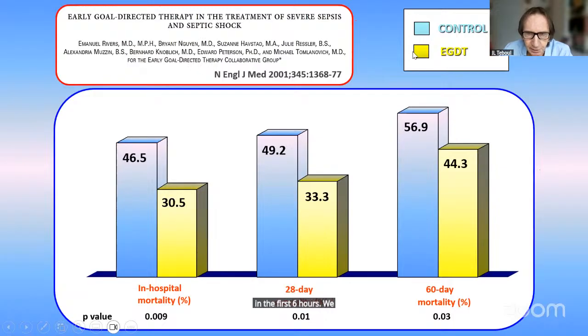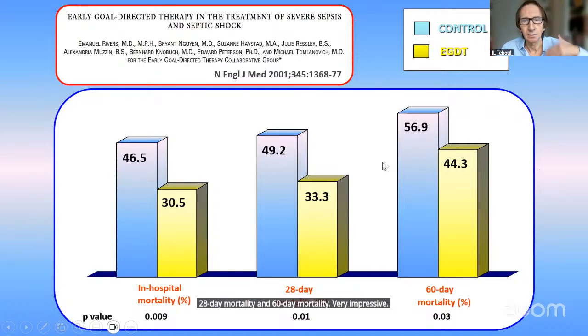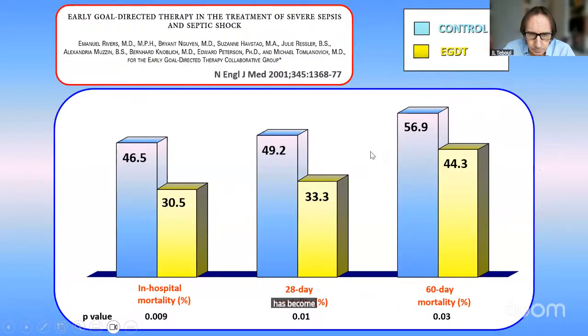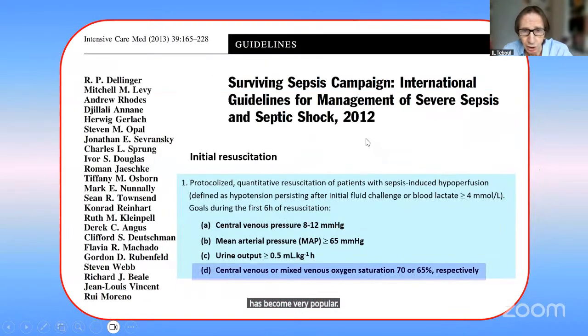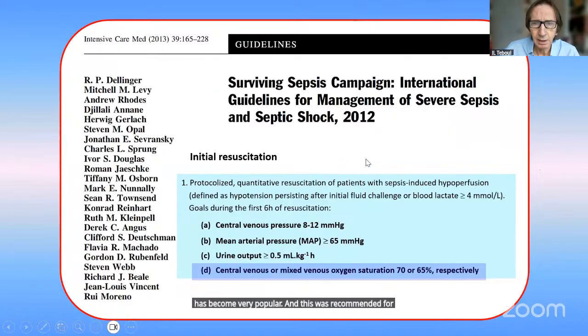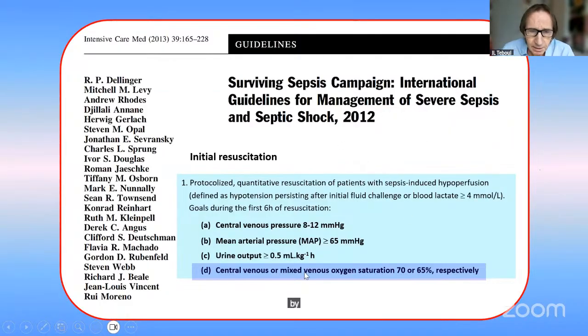The authors, Rivers and co-workers, observed a very impressive decrease in hospital mortality, 28-day mortality and 60-day mortality. Very impressive. And this is why, after this paper, ScvO2 using a central venous catheter has become very popular. And this was recommended for years and years by the Surviving Sepsis Campaign.